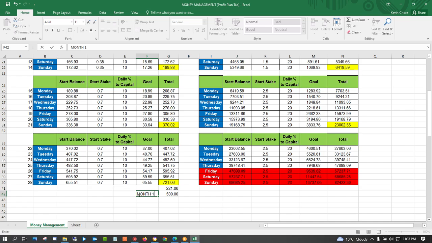So this month 1 capital, okay, this is the month 1 capital. Yes, this is your money, guys. You have to make use of it. So this is now our capital, because this is what we withdrew and used, and our opening balance now will be $500.